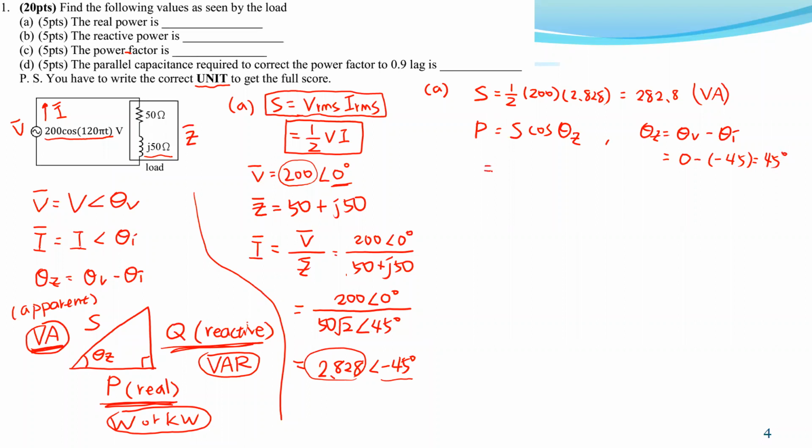So P is S, which is 200 times cosine 45 degrees, times cosine 45 degrees, which is 200. The unit is watt. Okay, so this is the answer. Real power is 200 watt.